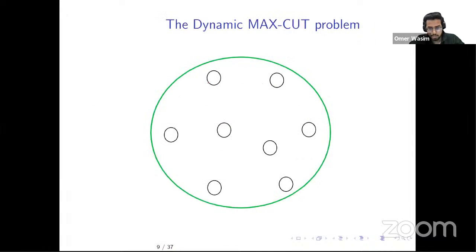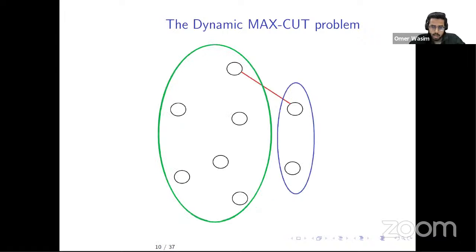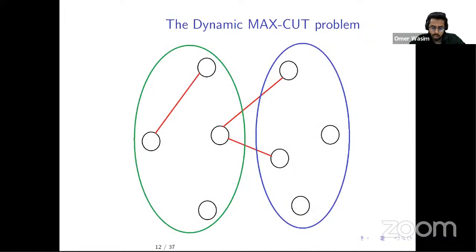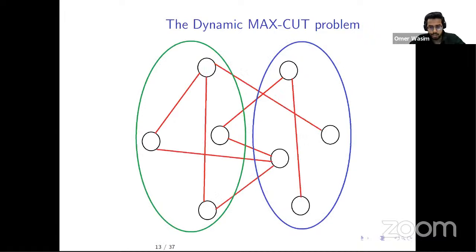So in the context of the max cut problem, we start with an empty graph on n vertices, and we would like to maintain a half respecting cut, a cut which contains at least half the total number of edges at any given point under edge insertions and deletions. As you can see, we are revising this cut periodically after every edge update to the graph.